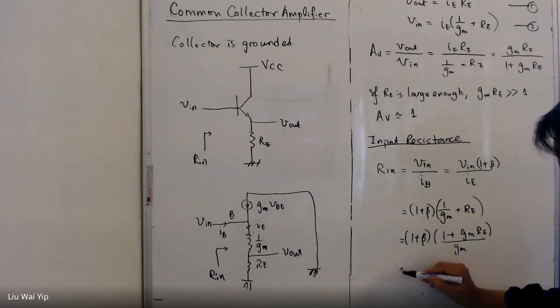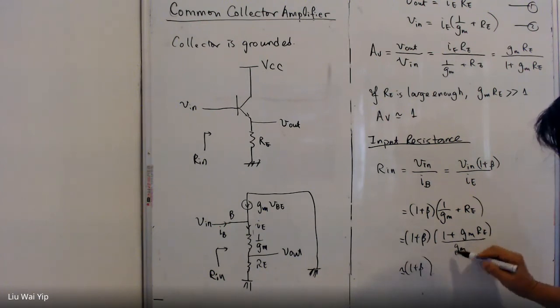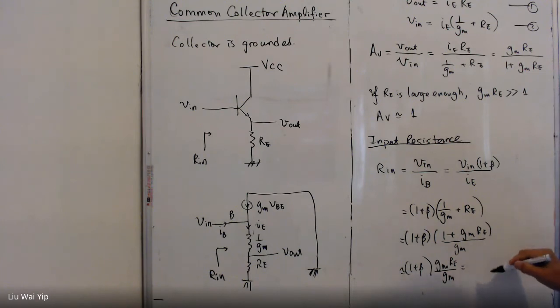So we can say 1 plus beta, and then GM RE divided by GM. So finally, what we end up with is 1 over beta and then RE.